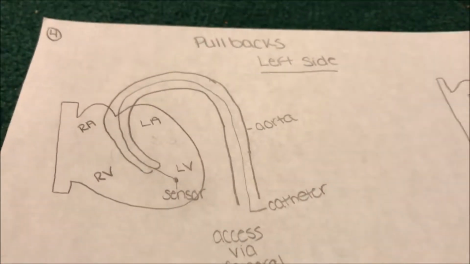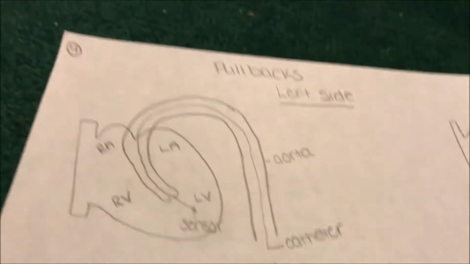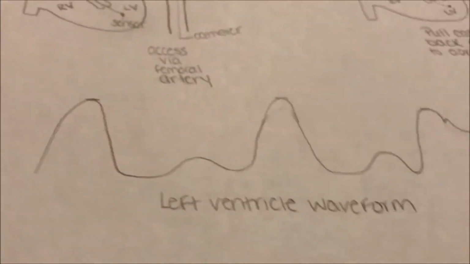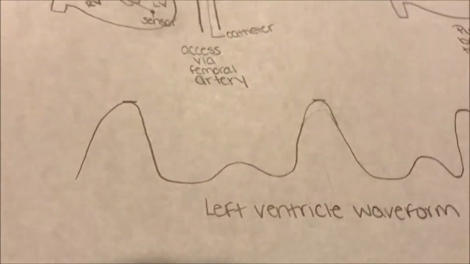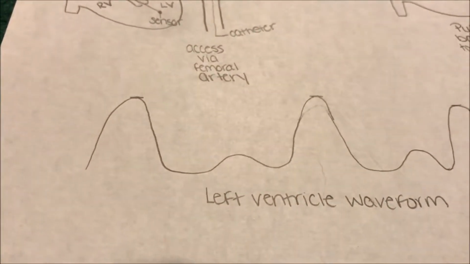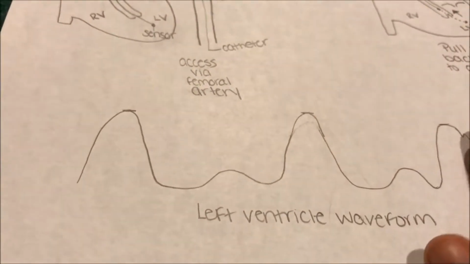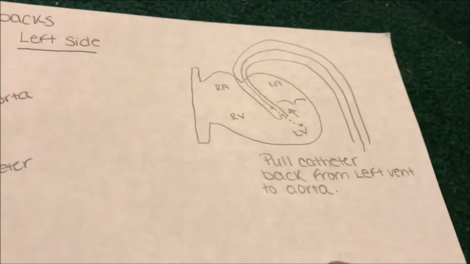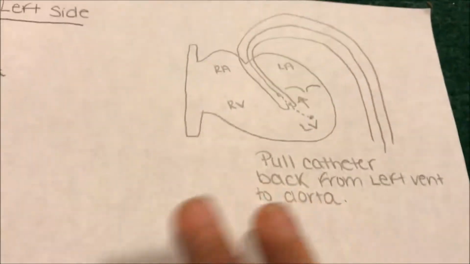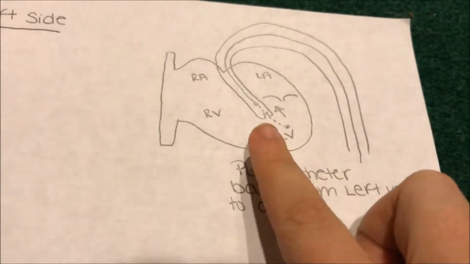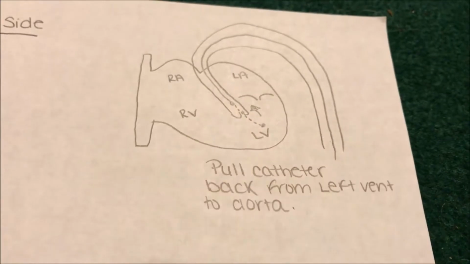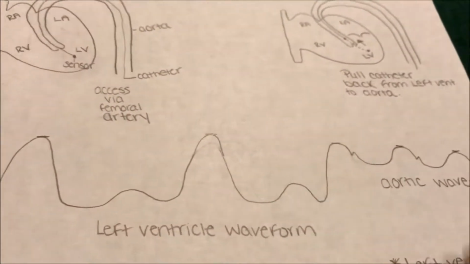So right now we're sensing the left ventricle, and that is going to be displayed on the waveform like this, left ventricle waveform. What we're going to do now that we have this waveform is we're going to pull back the catheter, and I drew little dotted lines, so it's a pullback of the catheter back into the aorta, and the waveform should change.